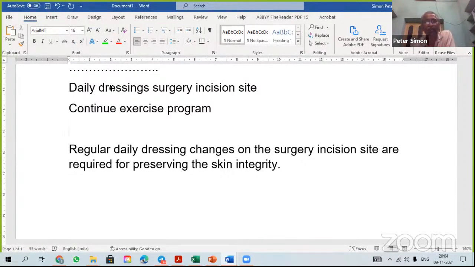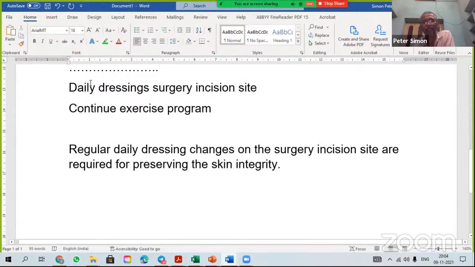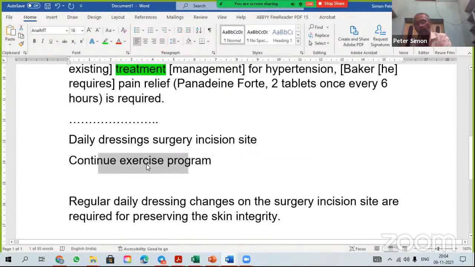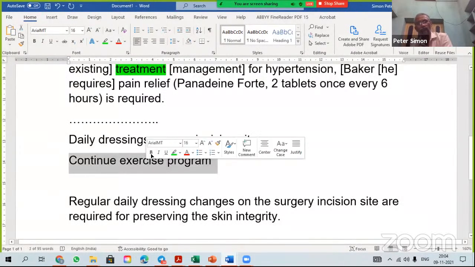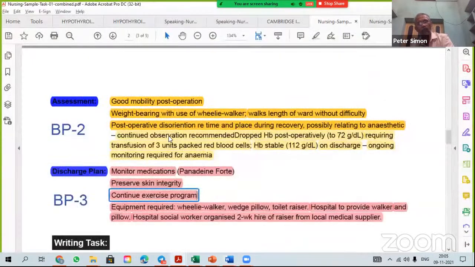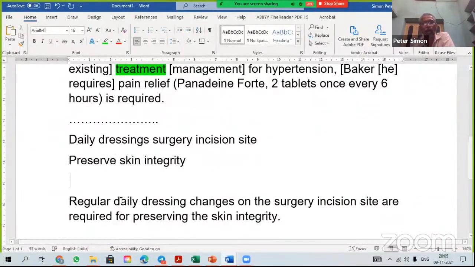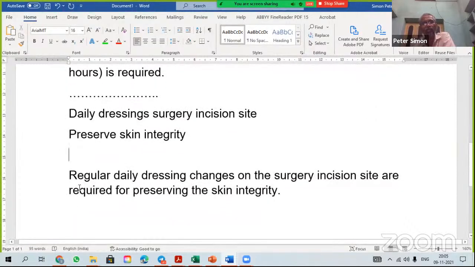So now let us see here. Regular daily dressing changes on the surgery incision site are required. So regular daily dressing changes on the surgery incision site.